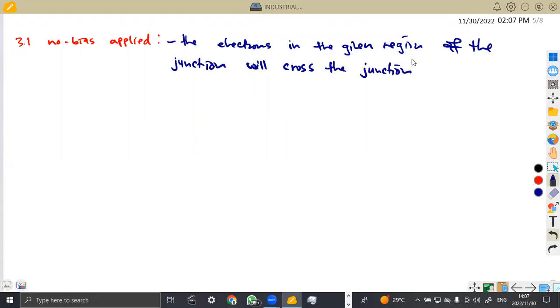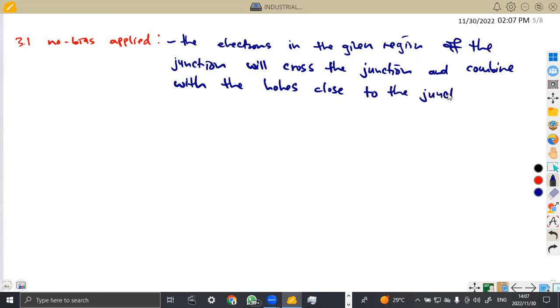They will cross the junction and combine with the holes. Where do we have these holes actually? That is the question. They are going to combine with the holes which are close to the junction. So when there is no bias, that is what you're going to have.